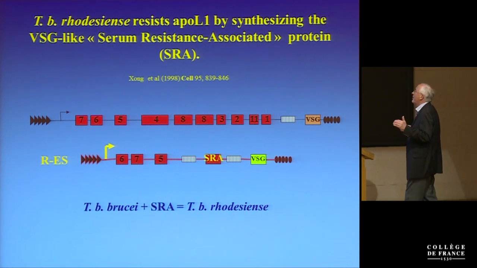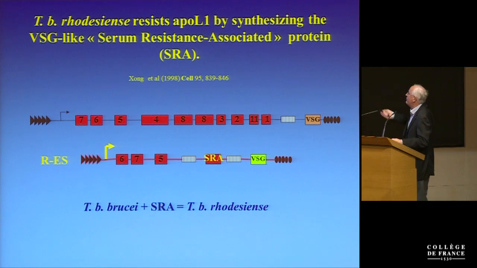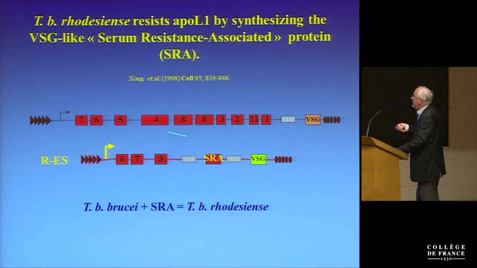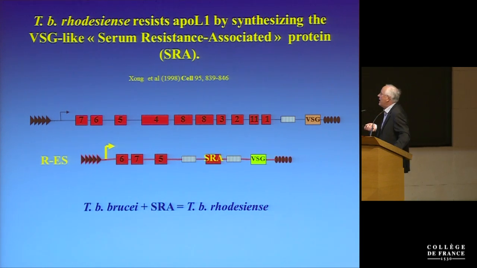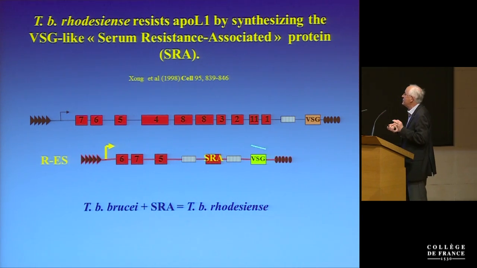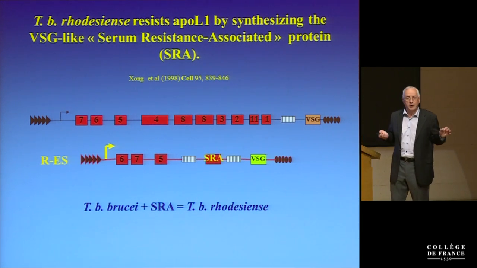So to put this together, we could understand how T.b. rhodesiense is related to antigenic variation for expression of resistance to TLF, because we found that for rhodesiense to become resistant to TLF, it is forced to use a single unique VSG expression site, always the same, from the collection of 20 possible expression sites.